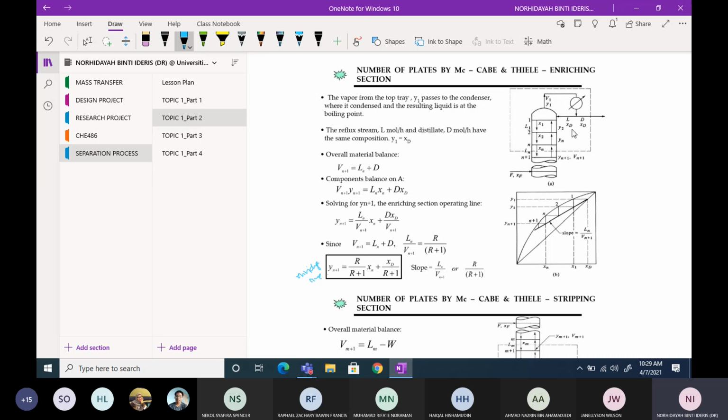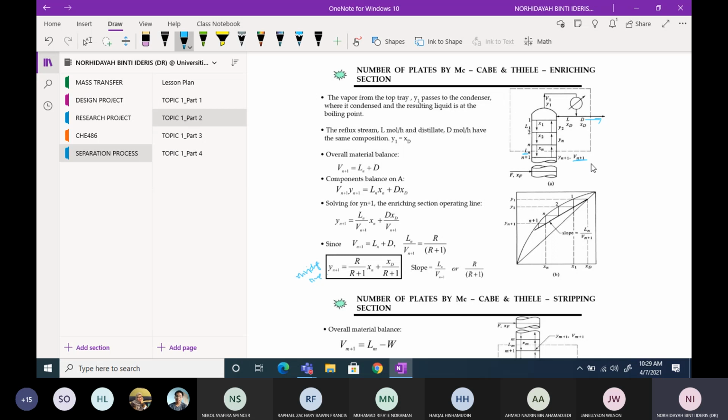You have a feed coming from the center of the column, and here you have Vn plus 1, the vapor phase coming into the border of the dashed line, and then you have Ln, the liquid coming out from the border, and then you have D, the distillate product.